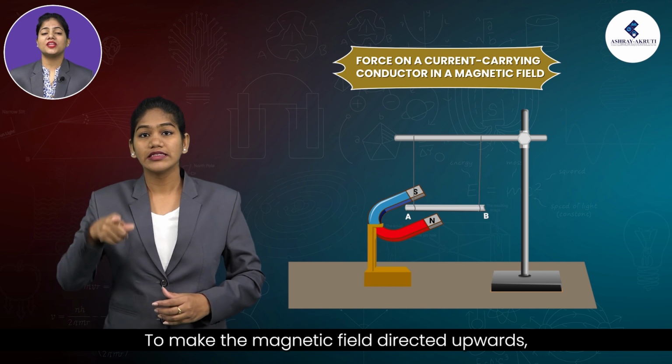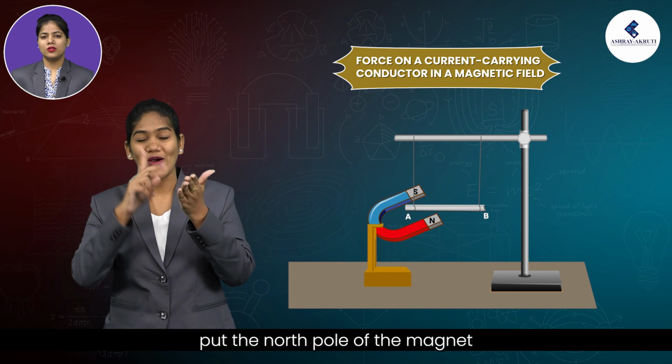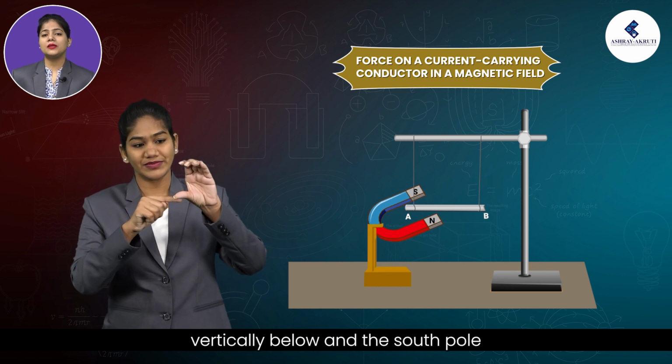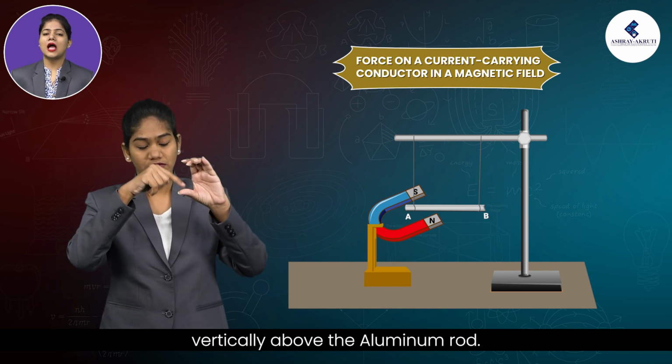To make the magnetic field directed upwards, put the north pole of the magnet vertically below and the south pole vertically above the aluminium rod.